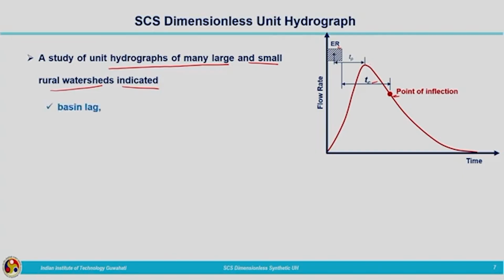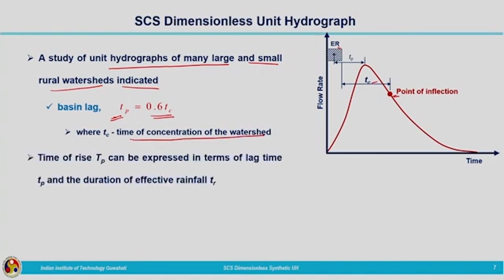From the study, it is found that the basin lag can be approximated by small TP is equal to 0.6 times TC. That is, if the time of concentration is known to us, the basin lag can be approximated by taking this factor of time of concentration. TC is nothing but the time of concentration of the watershed, and time of rise capital TP can be expressed in terms of lag time small TP and the duration of effective rainfall TR.